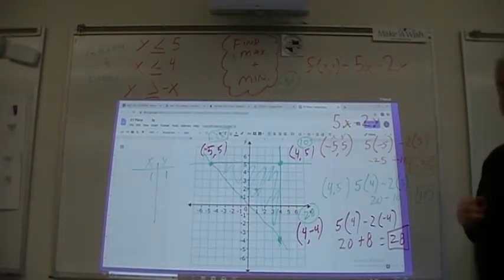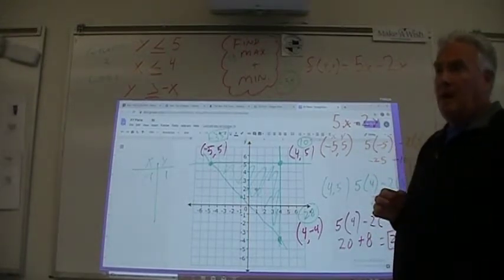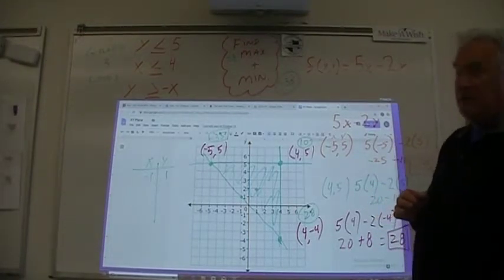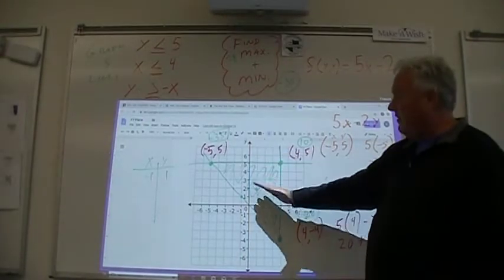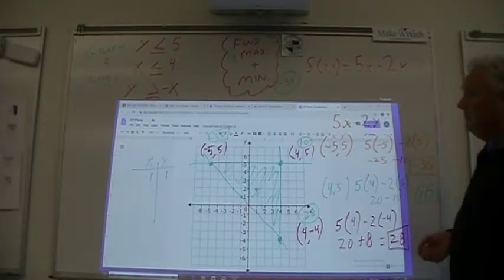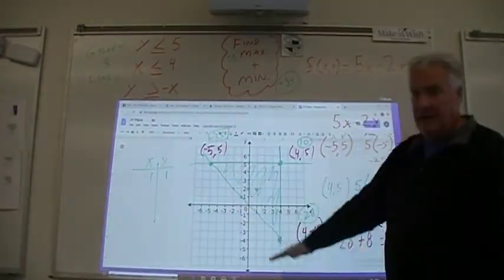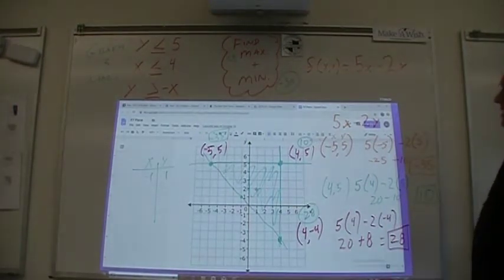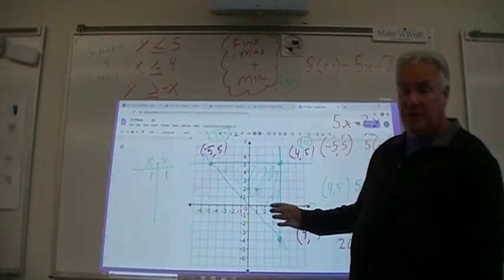You'll have worksheet type homework problems related to this. But you've got to be able to graph the three things. That's the first thing you have to be able to do: graph these inequalities and do the shading to get this space, this triangular region.